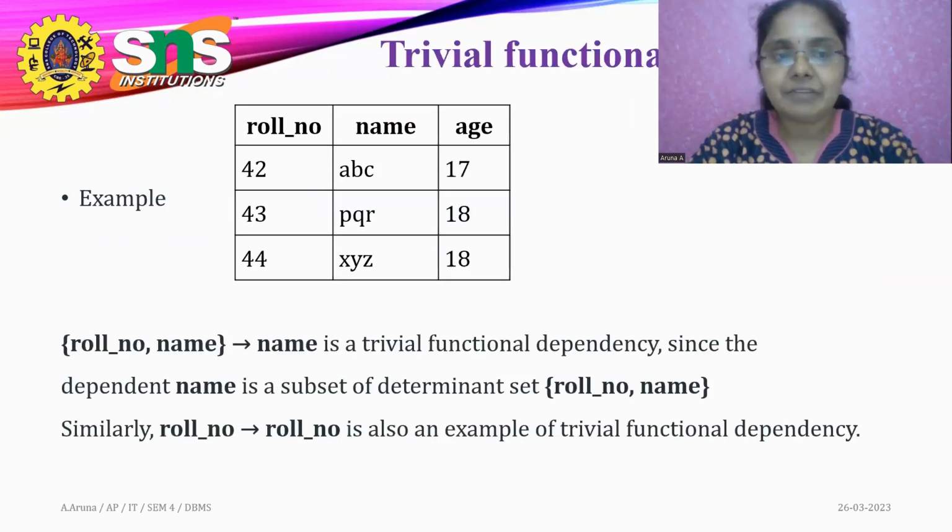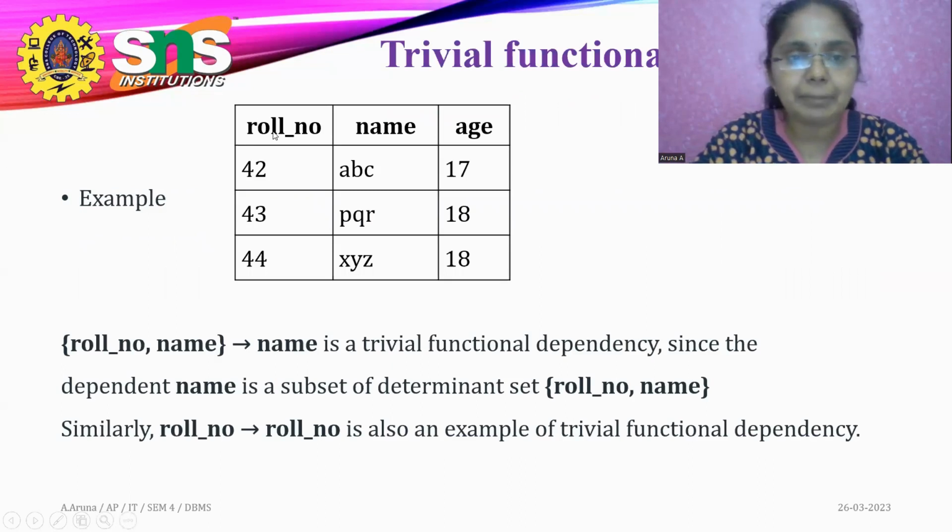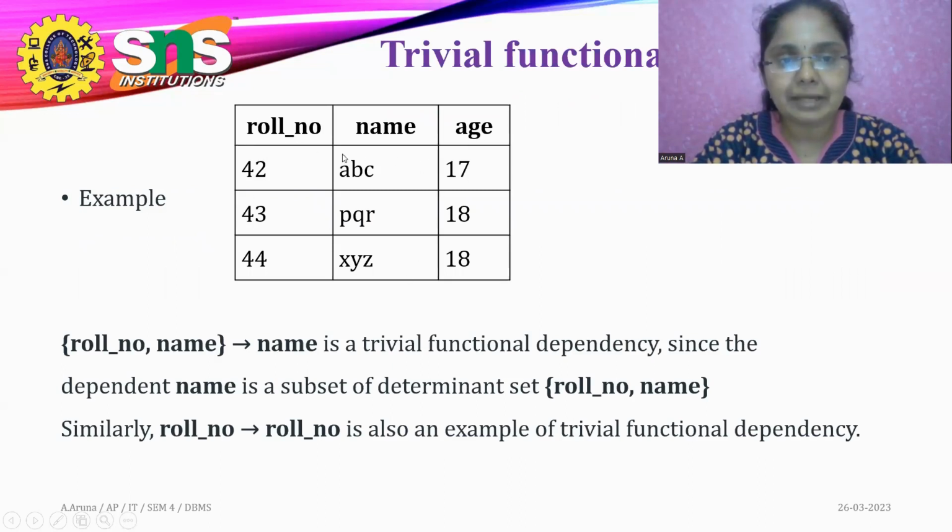For example, here in the table, I'm giving roll number, name, and age, and also three table entries. We know that Y is a subset of X. Here, roll number and name determine name. By using these two, we can identify the name.